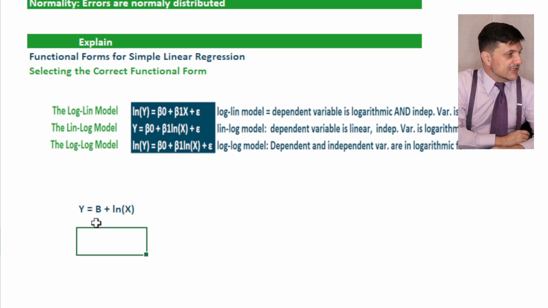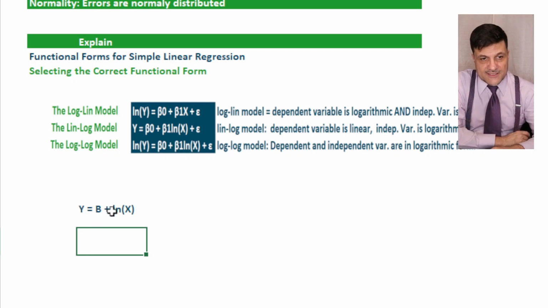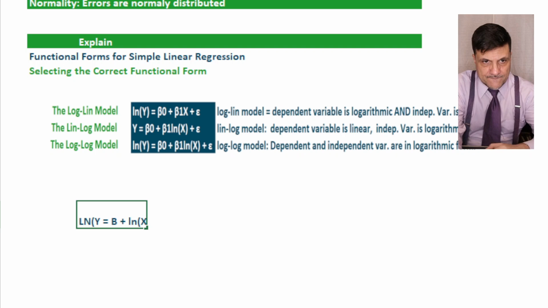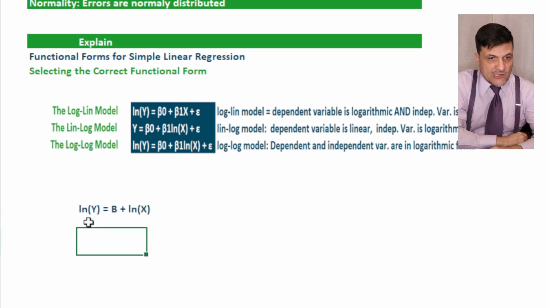That's a lin-log model, right? And in the log-log, the log is on the dependent variable and also on the independent variable. So I have to put an ln here and an ln there.